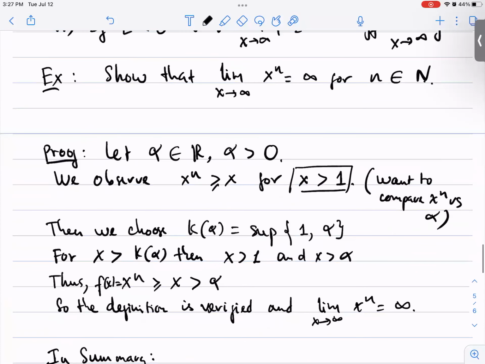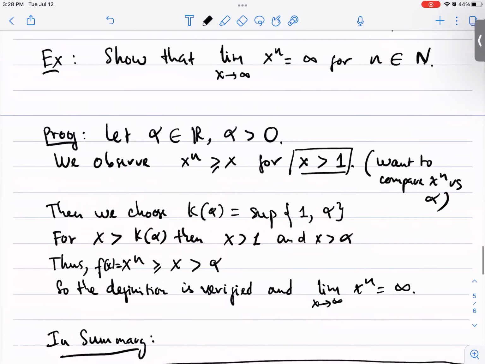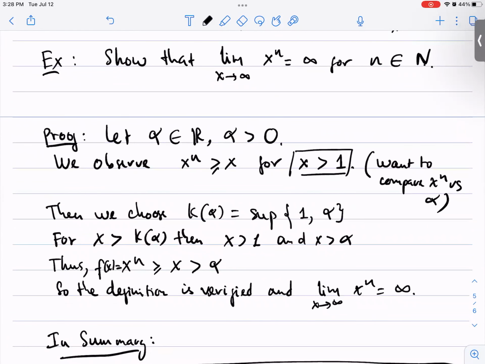And here we have an example of how to apply that theorem to compute the limit of x to the n when x approaches infinity. We show that the limit is equal to infinity. The argument here again is based on the definition and some comparison argument.